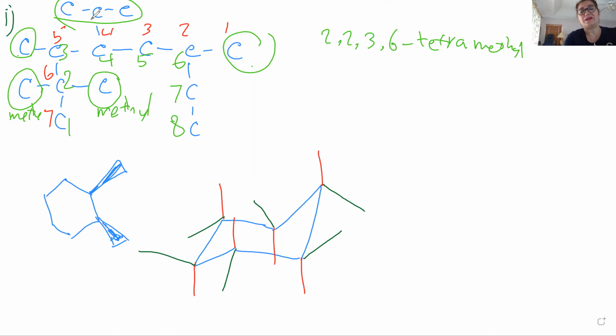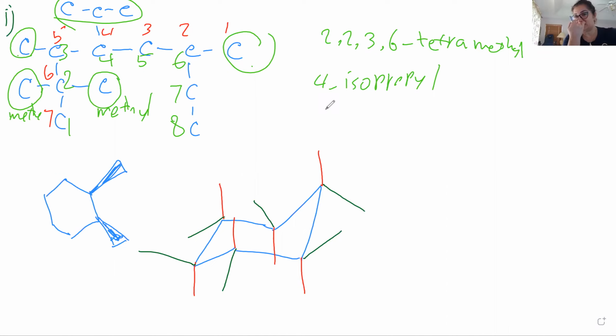We have another branch that is on carbon number 4, and that is isopropyl. So we also have 4-isopropyl. When I'm writing the name, which one should come first, isopropyl or methyl? So you combine all the branches and you name all the branches, you give location. When you are writing the name, you should go with the alphabetic order.